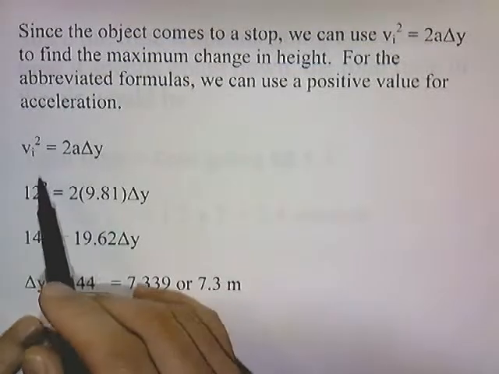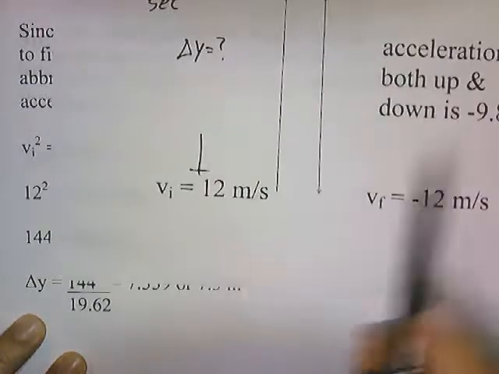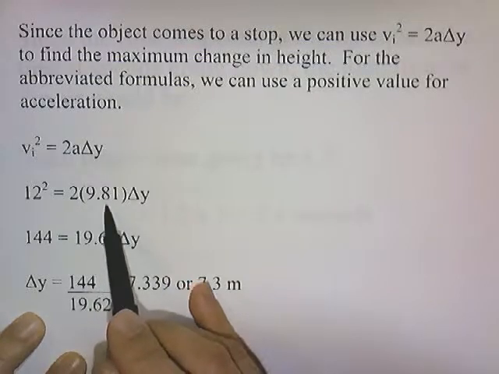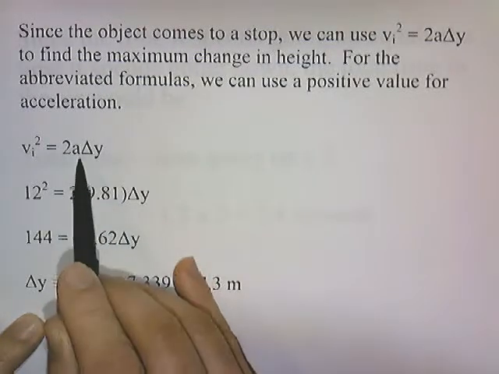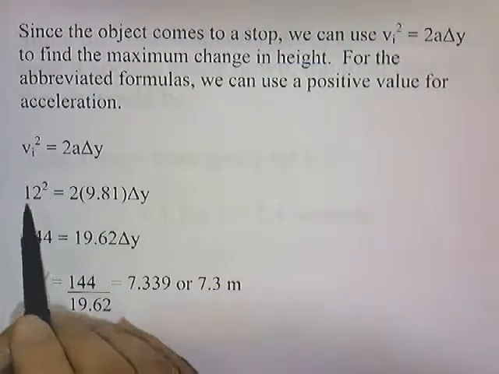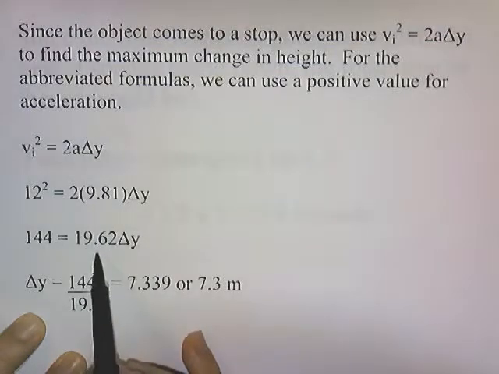All right, so initial velocity is 12. From the picture, the initial velocity was 12. 2 times a, acceleration is 9.81, and I just wrote it as positive because with the abbreviated formula we can use positive values. And then we're going to solve for delta y. So 12 squared is 144. 2 times 9.81 is 19.62.